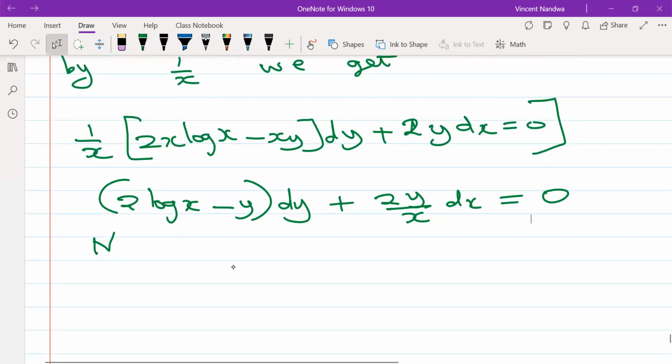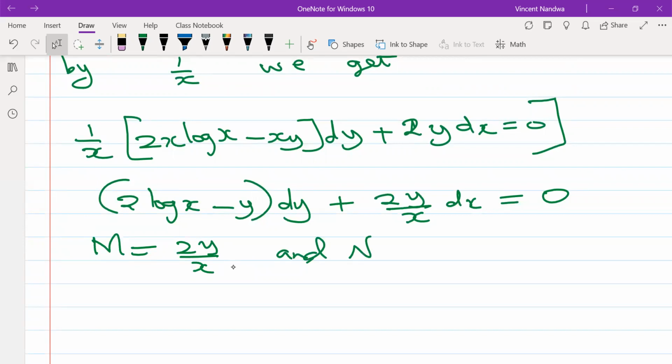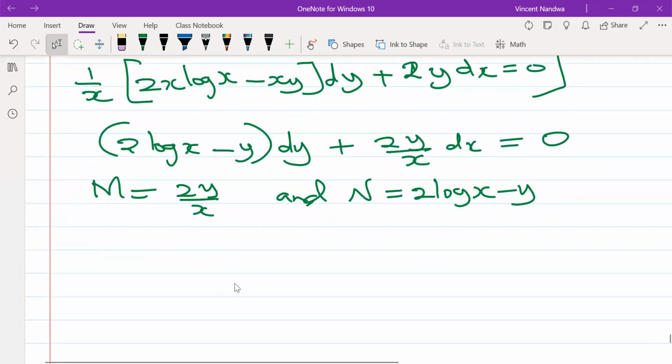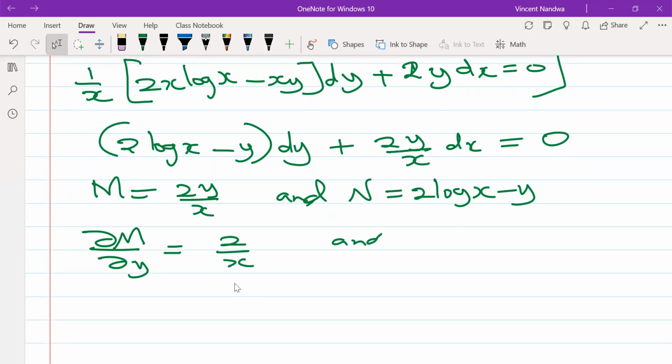So here now, m is 2y over x, and n is given by 2 log x minus y. So partial m, partial y will be 2 over x, and partial n, partial x will be 2 over x.